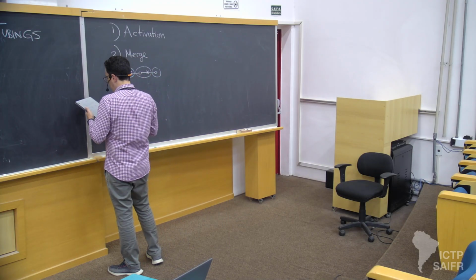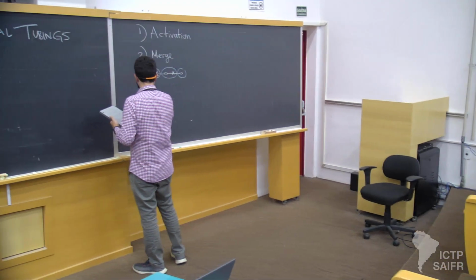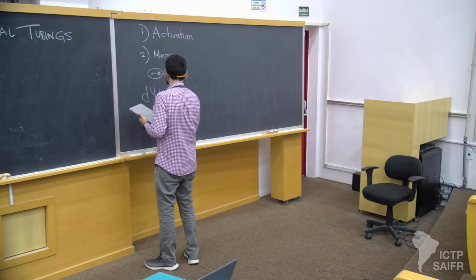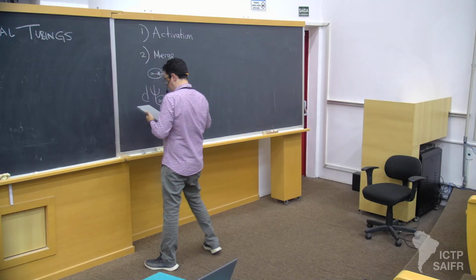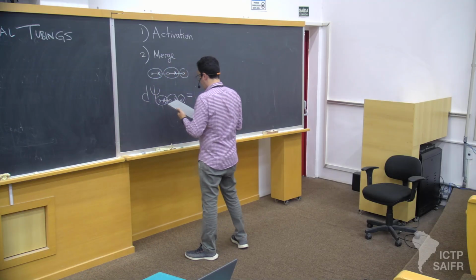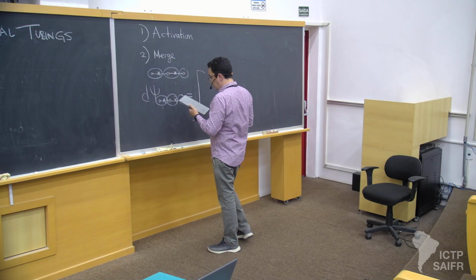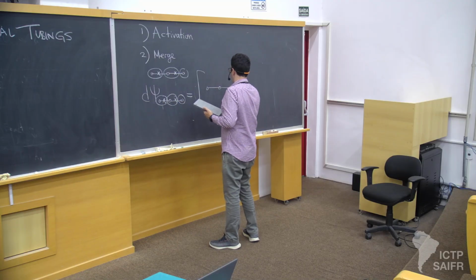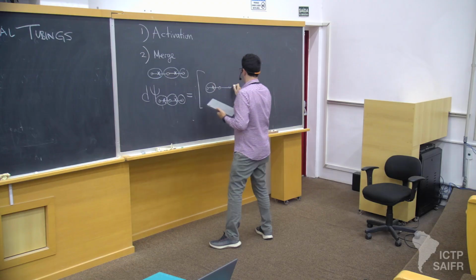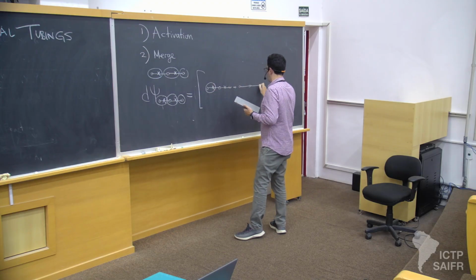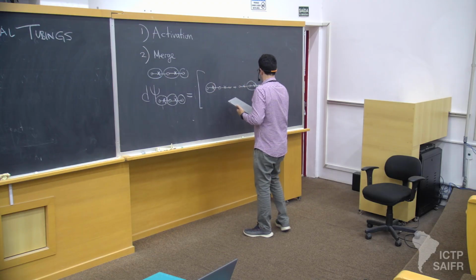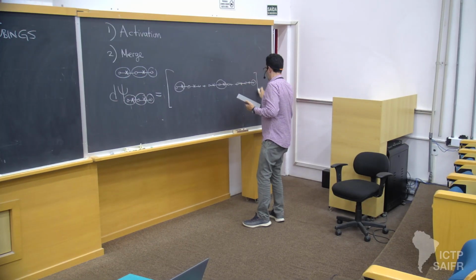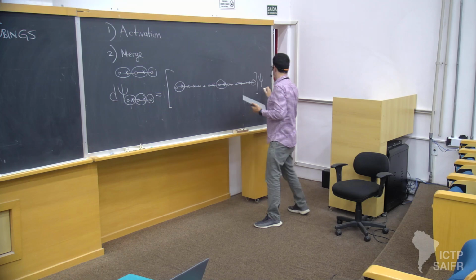So now what do I do? If I take the total derivative of this function associated to this tubing, first of all, I activate each tube one at a time, and each tube is a denominator, times the original function, psi.